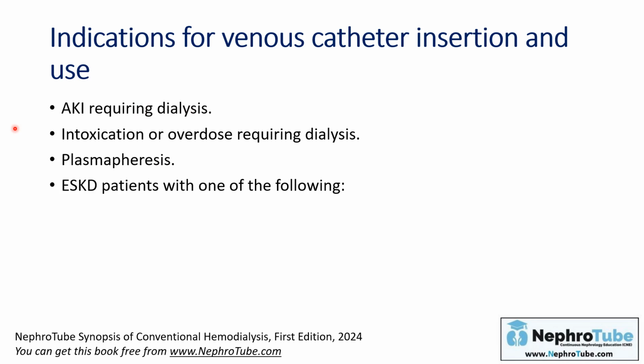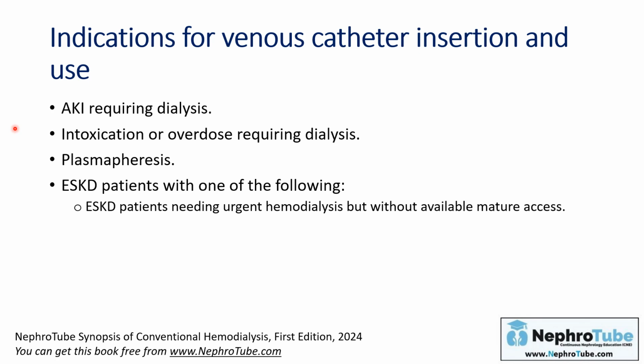Patients with end-stage kidney disease may require or need insertion of venous catheter in some situations. First, if there is an end-stage kidney disease patient who requires urgent hemodialysis, but the patient has no available mature arteriovenous access, as AV fistula or AV graft.